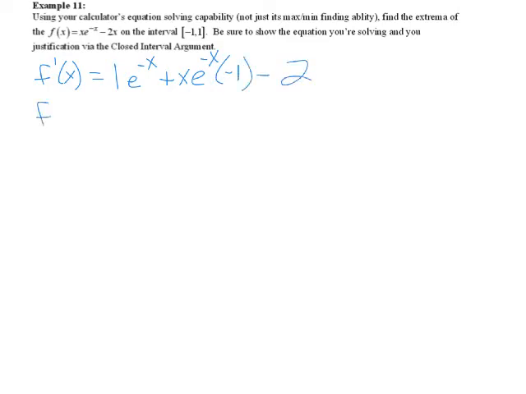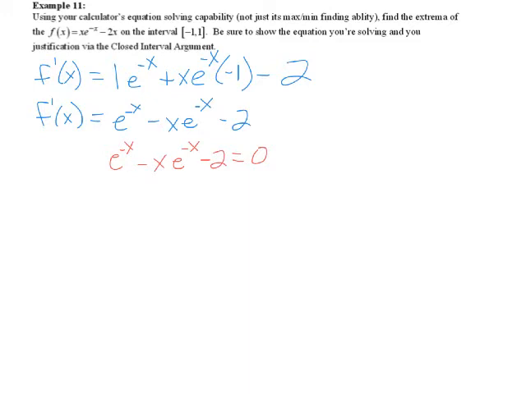If we clean this derivative up, we are going to get e to the -x minus x e to the -x minus 2, and we want to set that equal to 0. And taking this equation and setting it equal to 0 would be difficult to do analytically by hand. So we rely on graphing it and using the 0 function on the grapher.